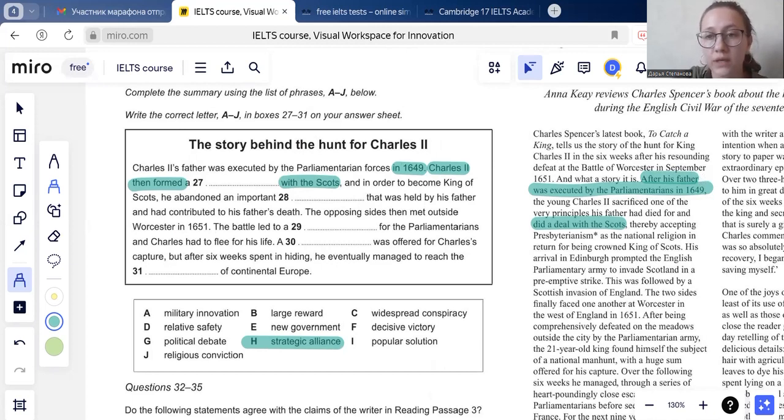So of course we can come to the conclusion that formed an alliance with and did a deal with the Scots is a pair of synonyms. Okay, thank you, Olga.